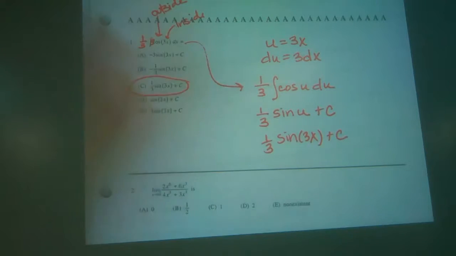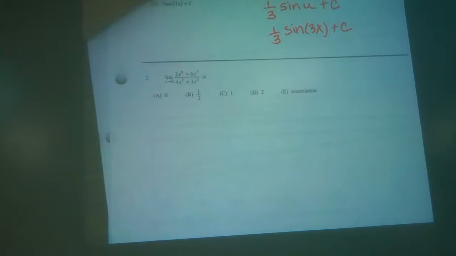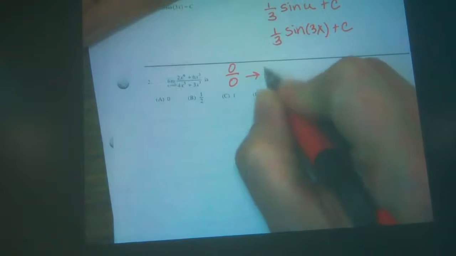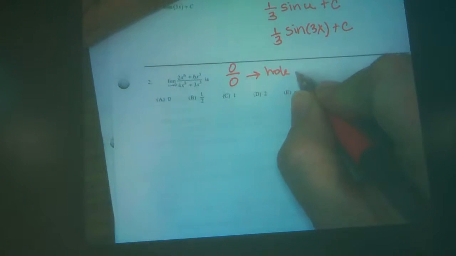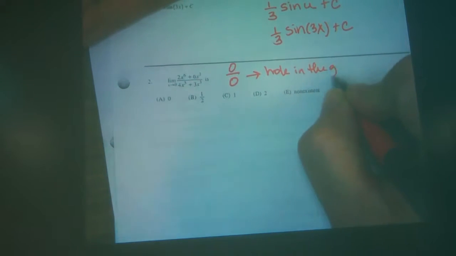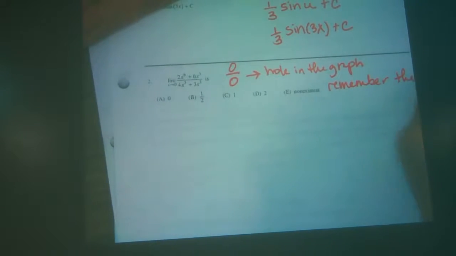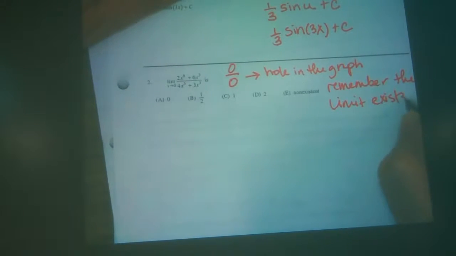Alright, so number 2, the limit as x approaches 0. You should always try substitution first. On this one, if I try substituting a 0 for the x's, I get 0 over 0, which tells me that there's a hole in the graph. Remember that the limit exists at a hole.